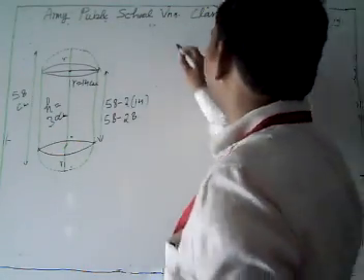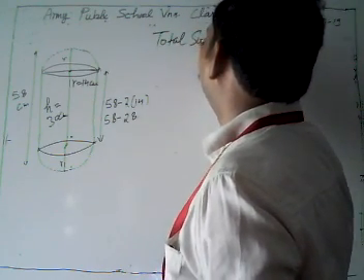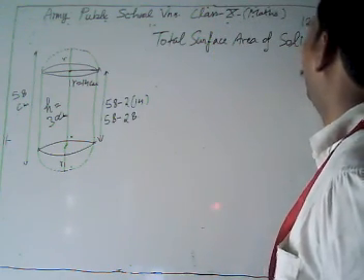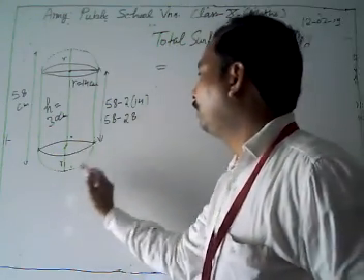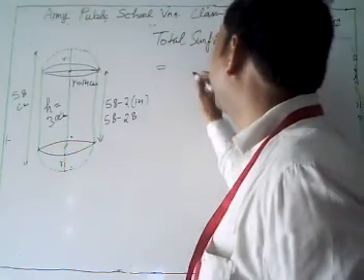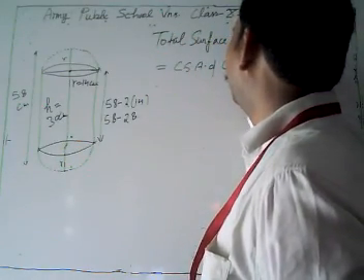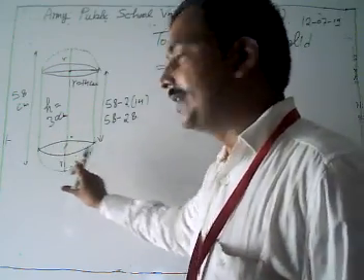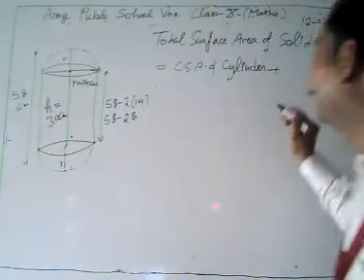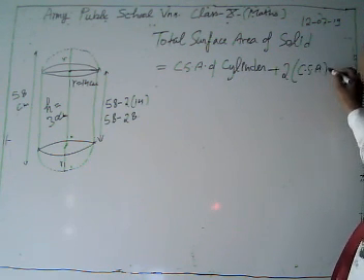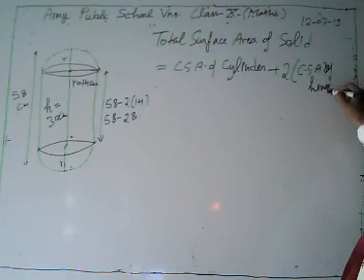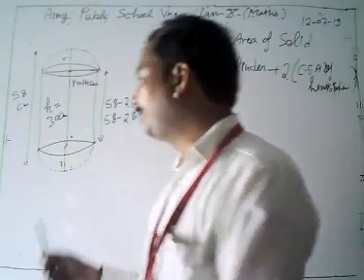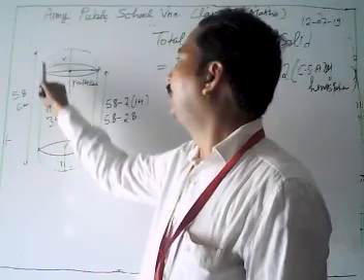The total surface area of the solid is the CSA of the cylinder plus the curved surface area of the first hemisphere and the second hemisphere, both having the same radius. So we multiply 2 times the curved surface area of a hemisphere. The total surface area is the curved surface area of the cylinder plus the curved surface area of both hemispheres.